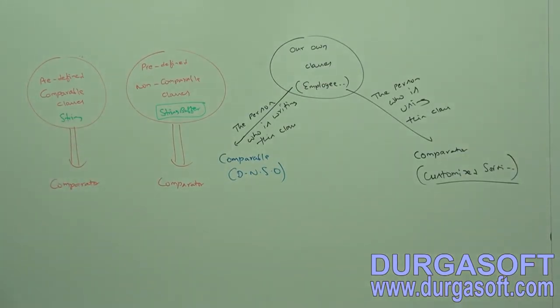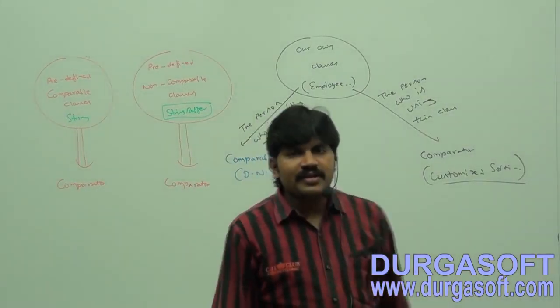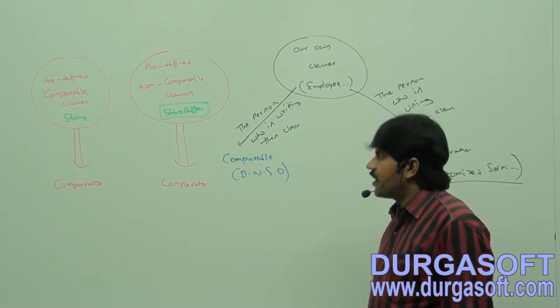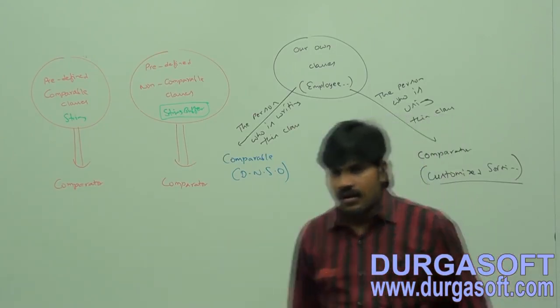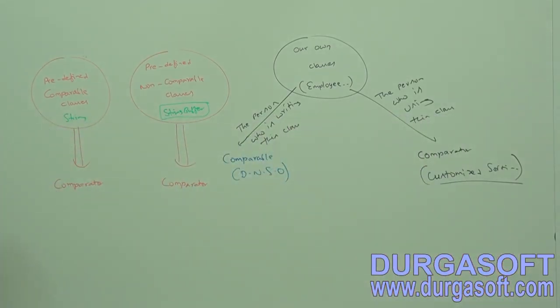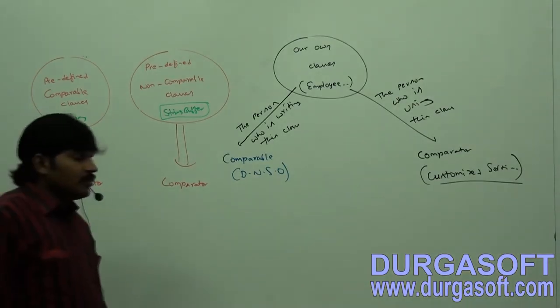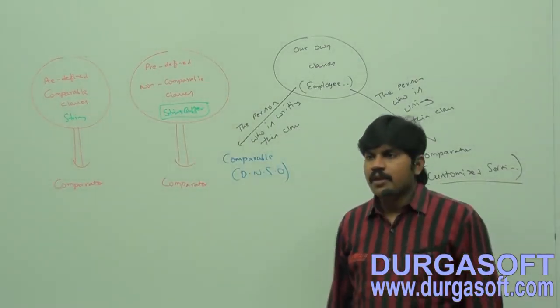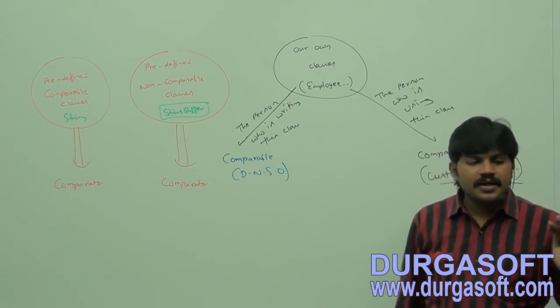Next, the second point: for predefined non-comparable classes, like StringBuffer, the default natural sorting order is not already available.